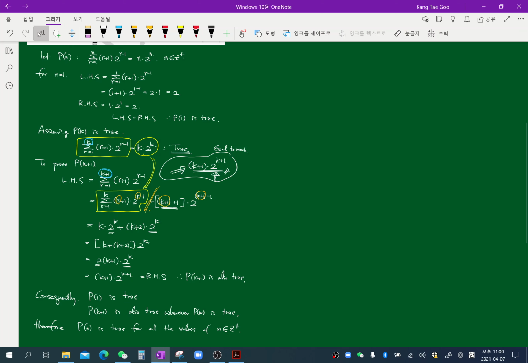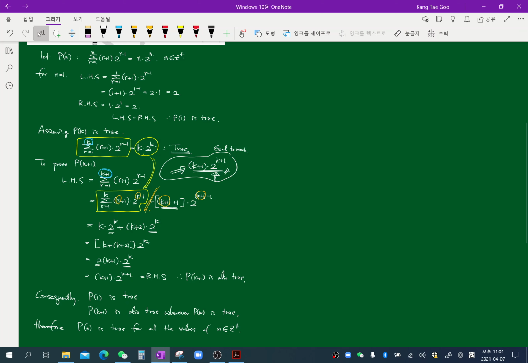Usually, when we prove P1, we calculate left hand side and right hand side separately, and then show those two are the same. That is the usual way of proving P1 is true. And then the next step is, assuming P k is true, we write the P k form exactly the same. Why? We will use that form for the later part, right?